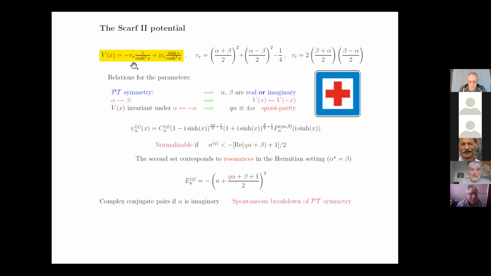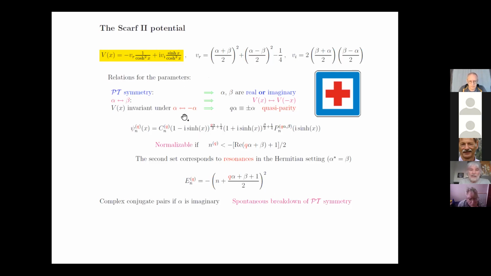It has a Scarf-type real component and the odd potential component, and both potential components vanish asymptotically. The energy eigenvalues can be expressed in closed form, and the wave functions also.